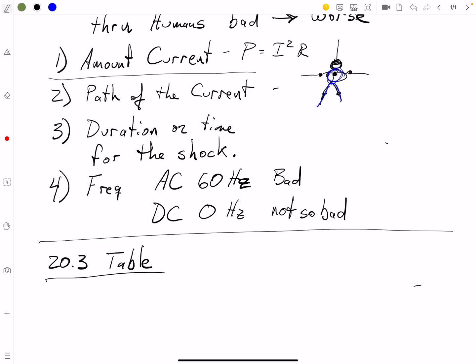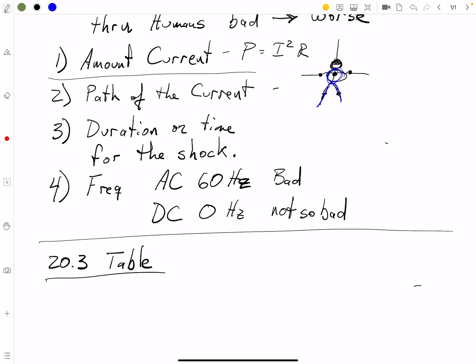I'm not going to write them out because it's already done, but there's the threshold of sensation. At 1 milliamp, you're going to notice it with your skin. Harmless current, 5 milliamps. 10 to 20 milliamps is the onset of sustained muscular contraction.